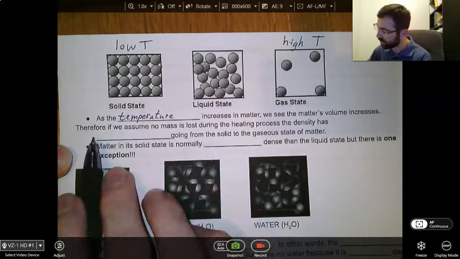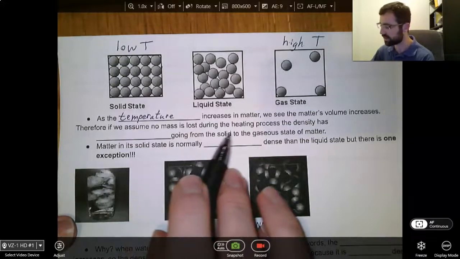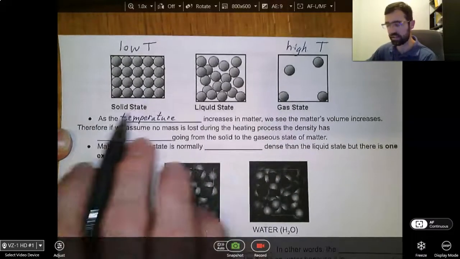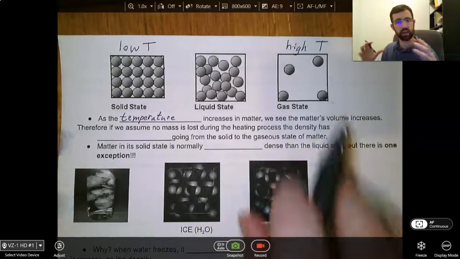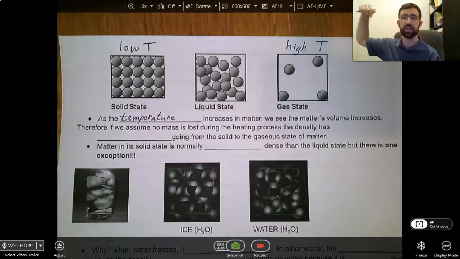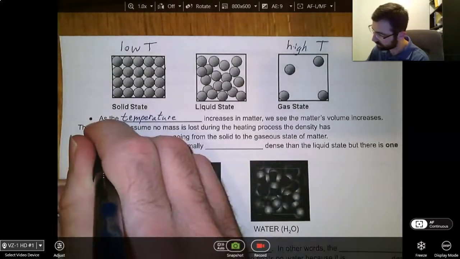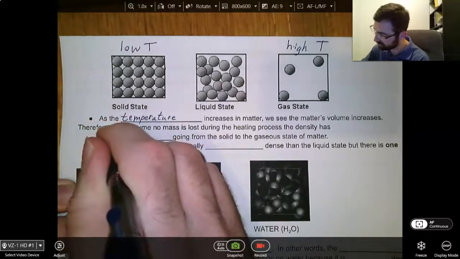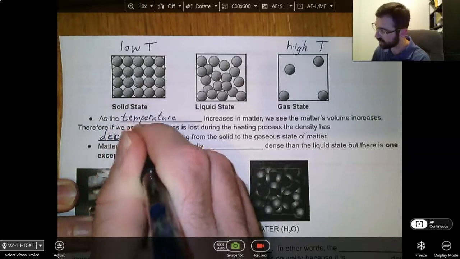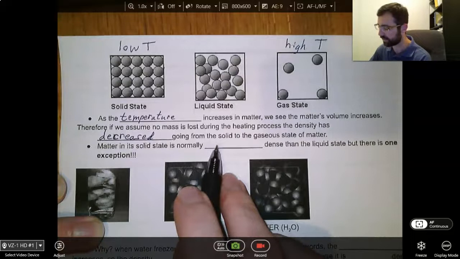So if we assume that no mass is actually lost during the heating process, then the density has done what as I go from one state to the next? Well, they're spreading out, the volume's increasing, and as volume increases, density decreases. So the density has decreased going from solid to the gaseous state of matter.